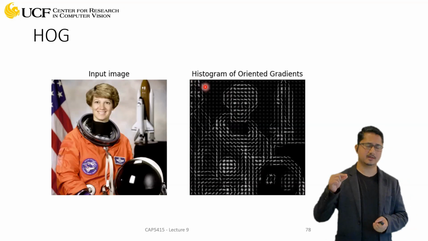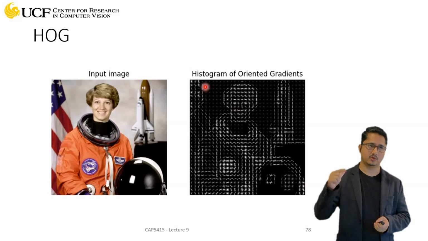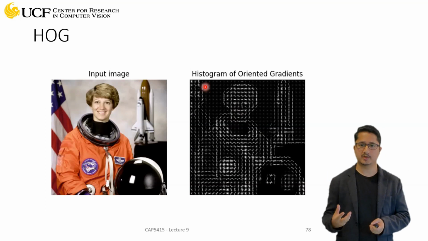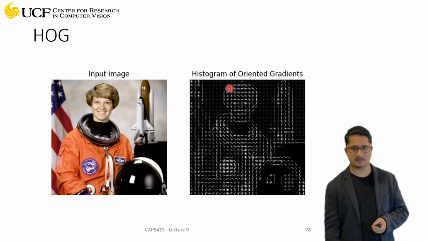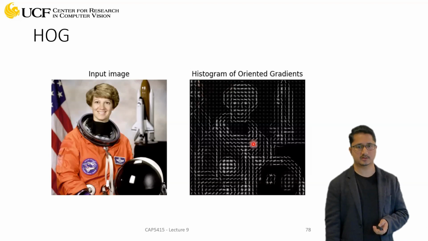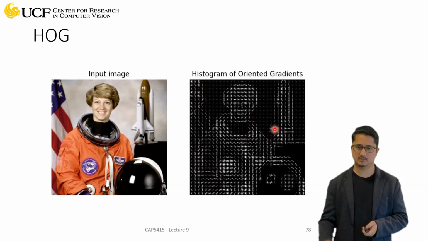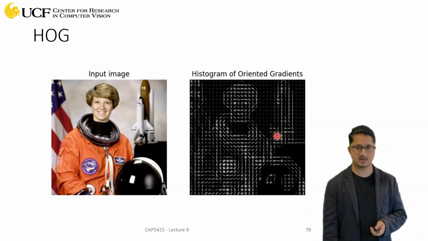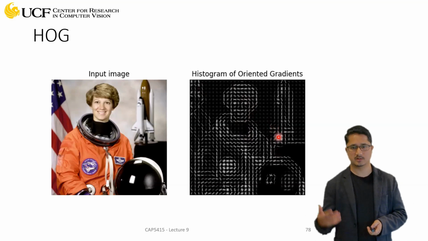And then you pick the orientation which is more dominant in that cell, and that orientation is drawn for that cell, and that's how you get this visualization. Okay, so not exactly the HOG histogram, but a way to visualize it. This will help you in debugging whether your extracted features are meaningful or not.